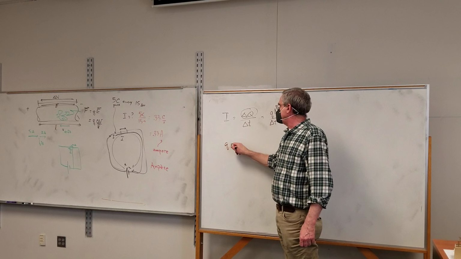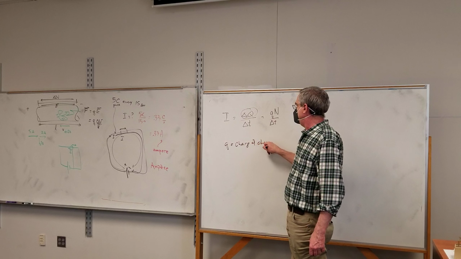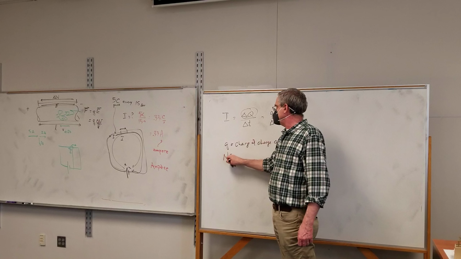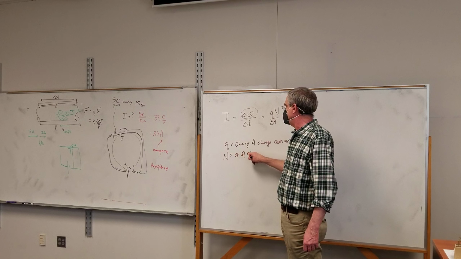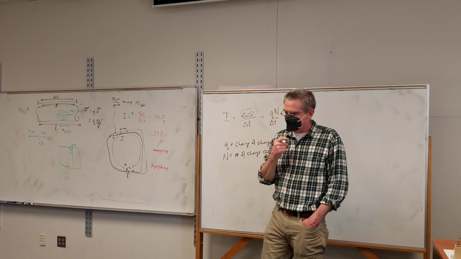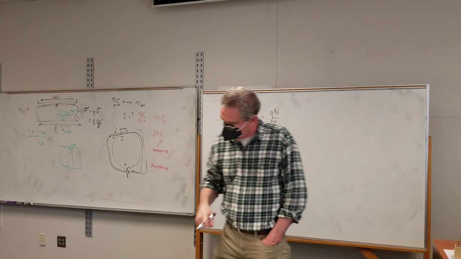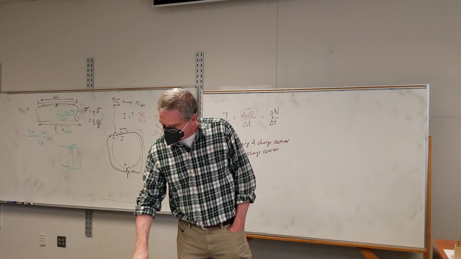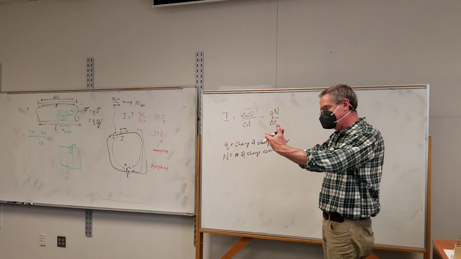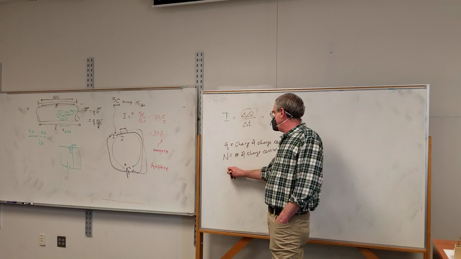So Q is basically the charge of the charge carrier. And N is the number of charge carriers. Well, the number of charge carriers that are going to be passing by that particular spot, we're going to create one more variable here.